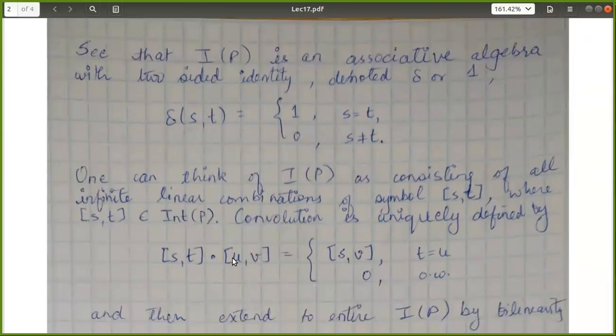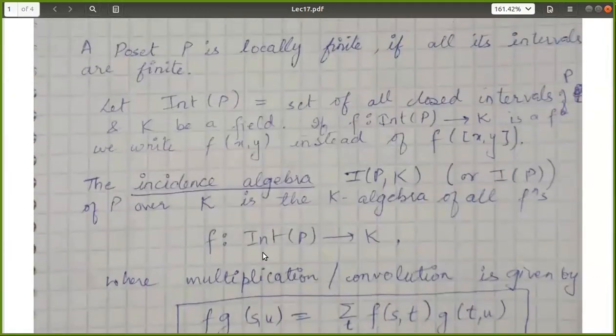But since we said that Int P is what we are going to deal with, Int P means it's the collection of closed intervals. So for instance, if you take closed interval 1 2 and closed interval 4 5, then I cannot make these two closed intervals into a single closed interval, right? Because there is a chunk in between which is missing. Correct?